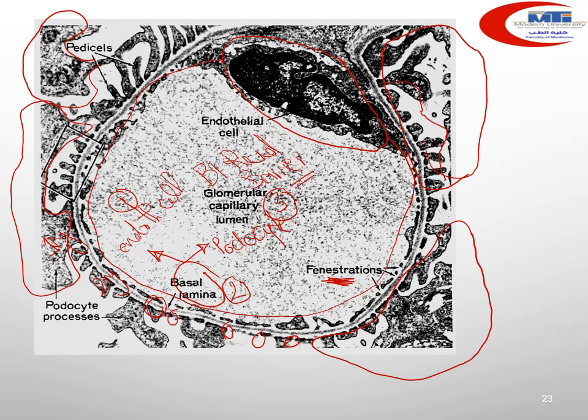This barrier is affected in many pathological diseases of the kidney. If any damage happens in the blood-renal barrier, there would be increased filtration, and plasma proteins would be released in the urine, causing different pathological diseases.